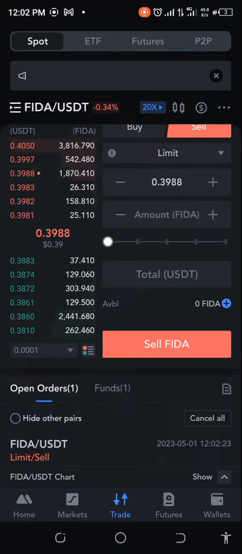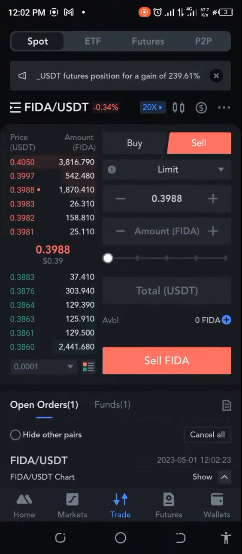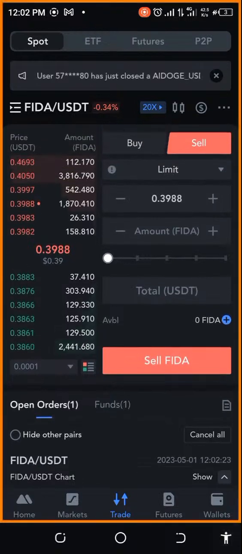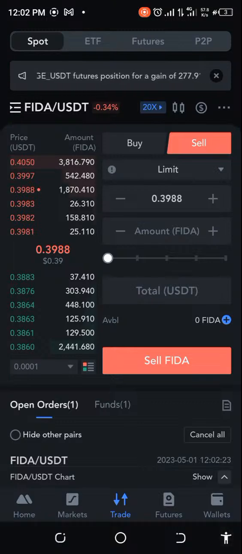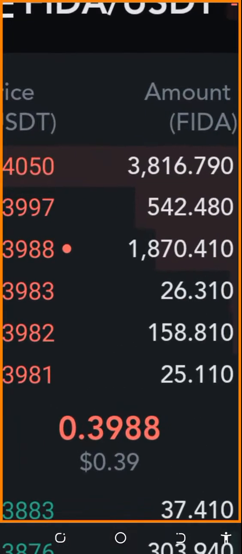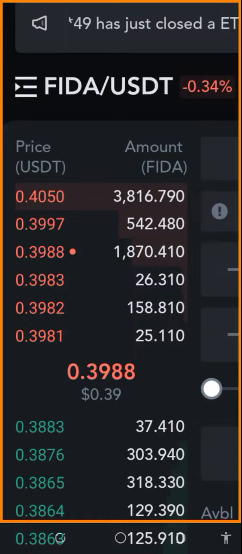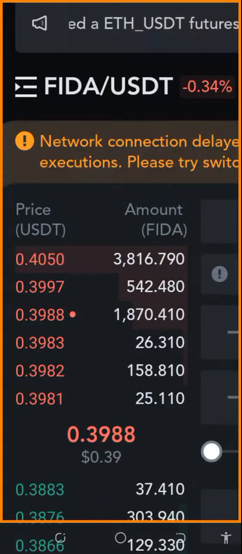Let's try and see. If I decide to cancel one more time, but before I cancel, the amount of FIDA that I want to sell, okay, if you can see this, you can see that I want to sell FIDA at this amount. So it's showing me that this is where I am located, right?